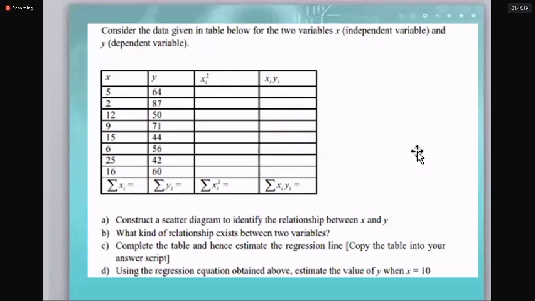If I summarize what we have done from the beginning of this module, we started with linear programming problems. We studied how to formulate a linear programming problem. When a real world problem is given, we should be able to convert it into a linear programming problem.